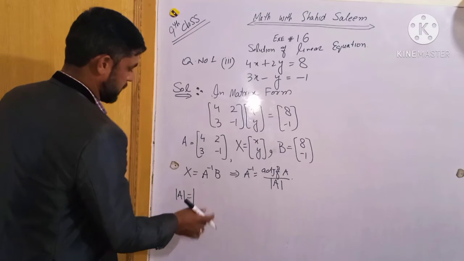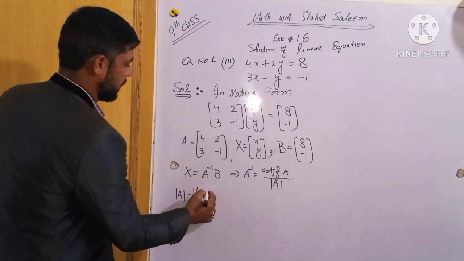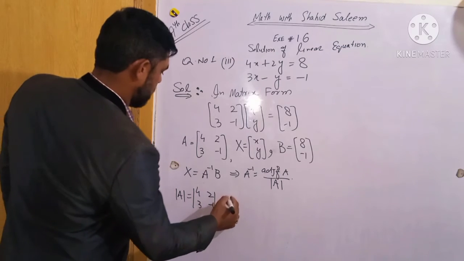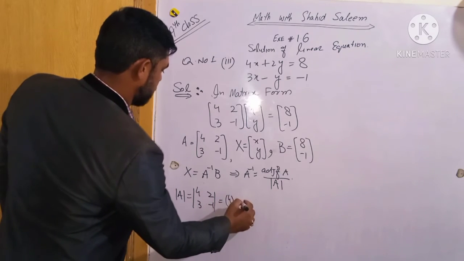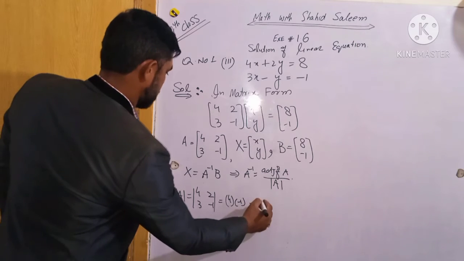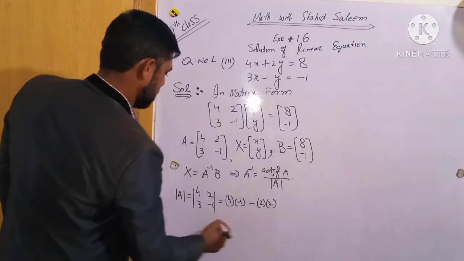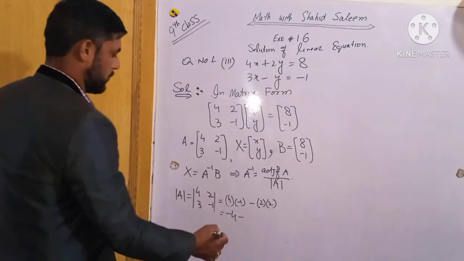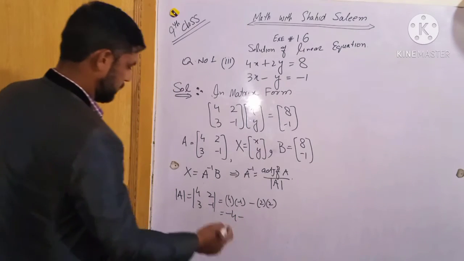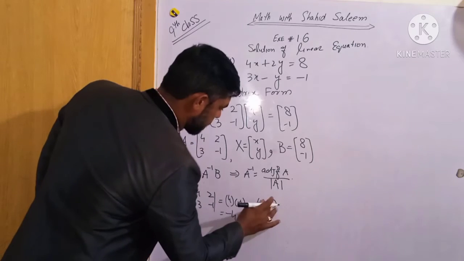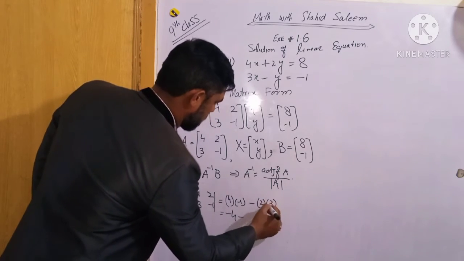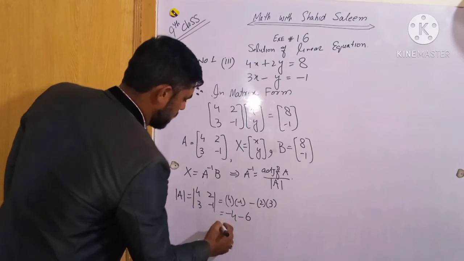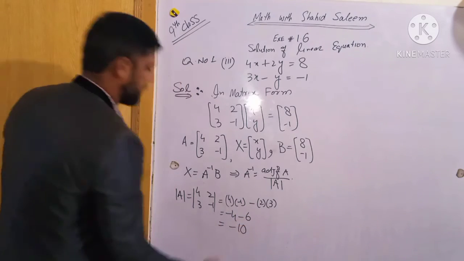We find mod of A, equal to |4 2; 3 -1| magnitude, 4 into minus 1, minus 2 into 3, minus 4, minus 6, equal to minus 10.